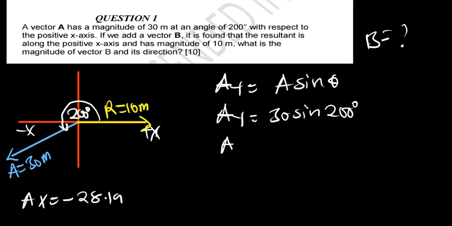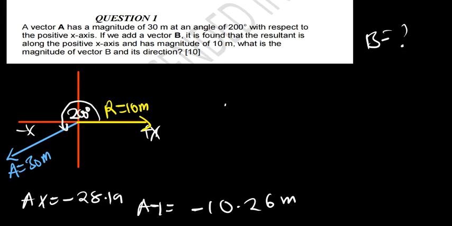So Ay will be 30 sine 200. I'm getting negative what? Negative 10.26 meters. So I'll just put it here.